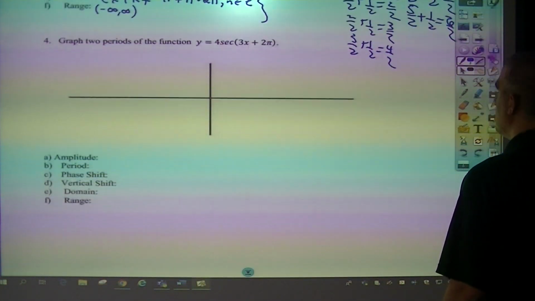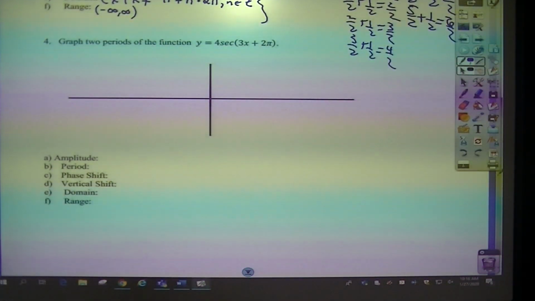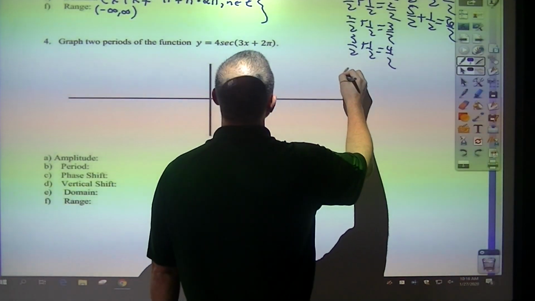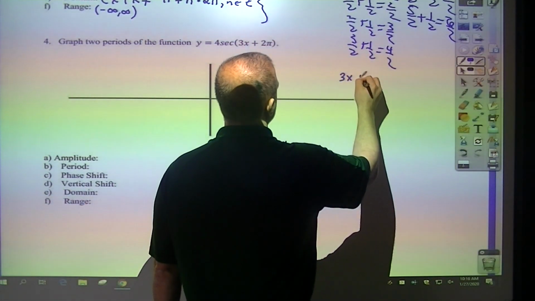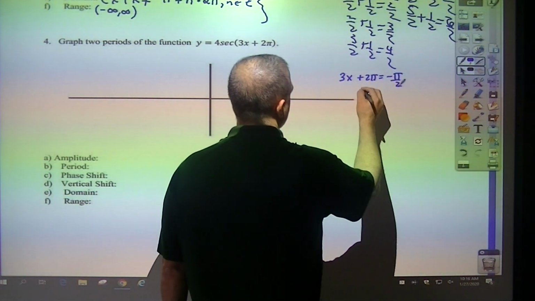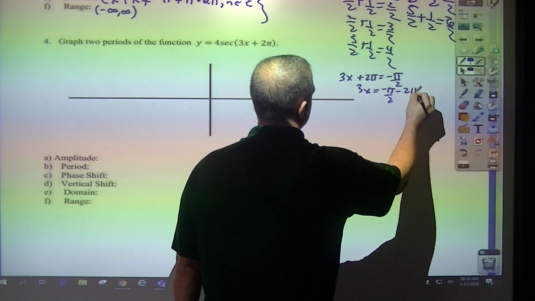All right, let's do secant. Secant, just like tangent, is a little unique in that when we find our starting value by doing 3x plus 2 pi, we have to set it equal to negative pi over 2, which is going to be 3x equals negative pi over 2 minus 2 pi.